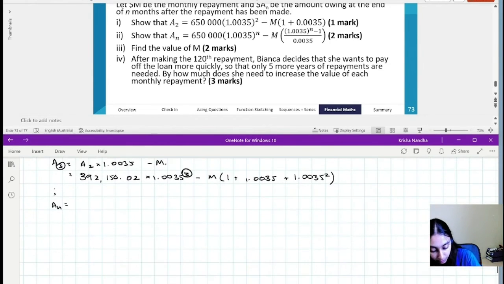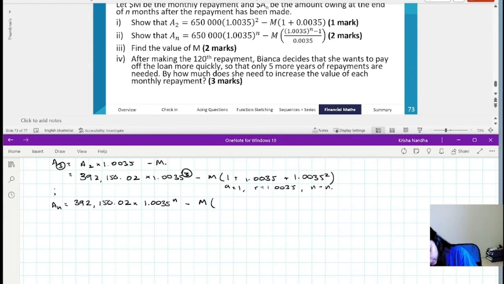So for the first part, I can write 392,150.02 times 1.0035 to the power of n, minus m. Over here, we have our a being 1, our r being 1.0035, and just like before, our n is equal to n.